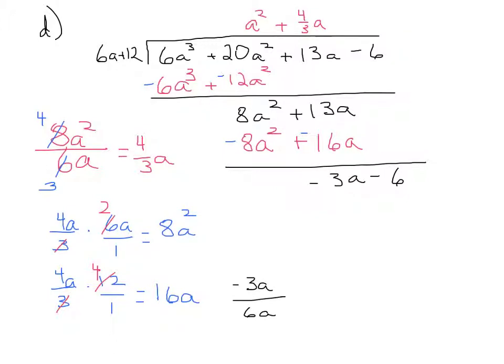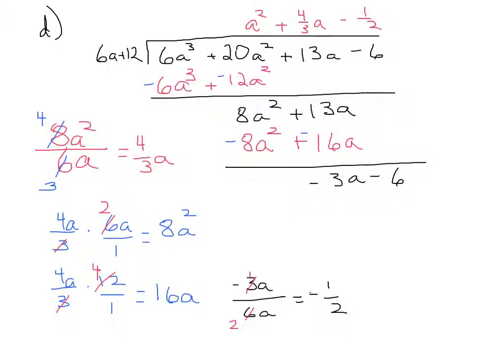The a's cancel, and we get negative 3 over 6, but we know that 3 goes into 6 2 times, so we actually get negative 1/2. So here we write minus 1/2.